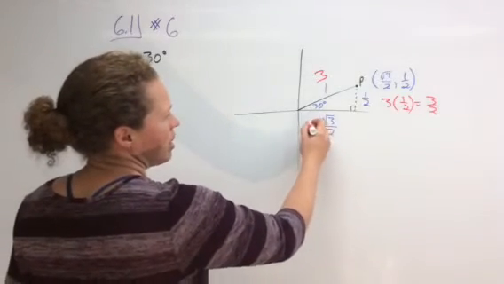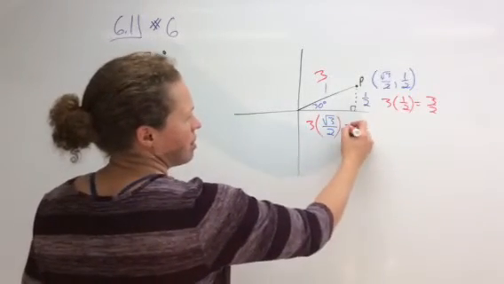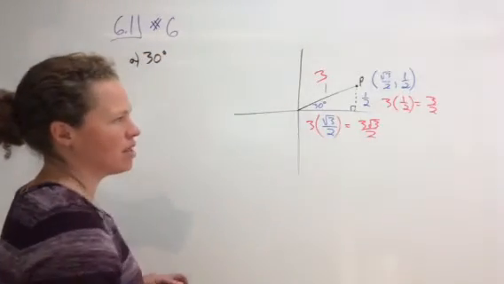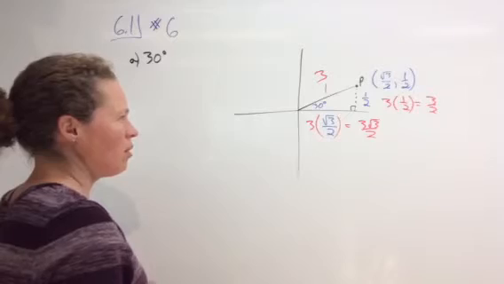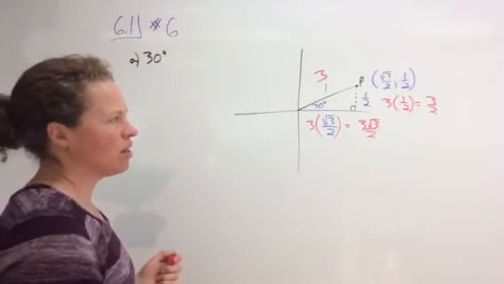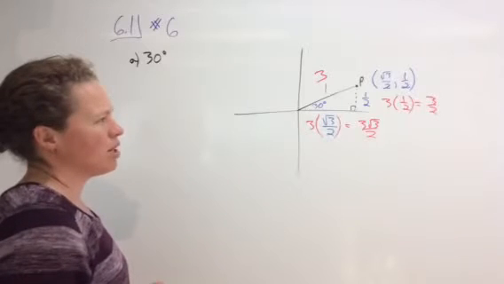And I would be multiplying this by 3 to get my new coordinate, which would be 3√3/2, for example. If I wanted to do something even bigger to get rid of that fraction, I could multiply it by something that would make the fraction go away.